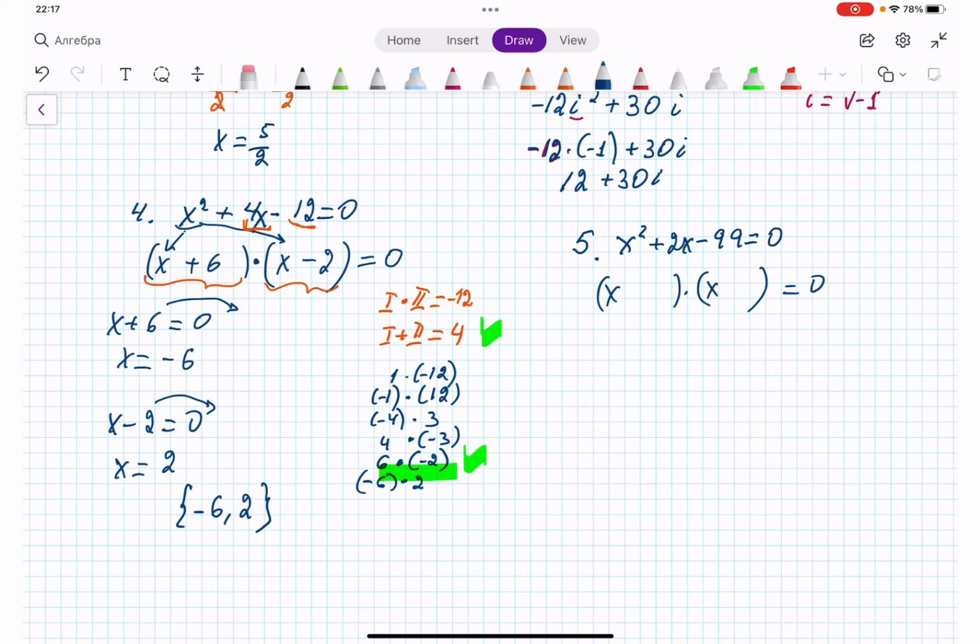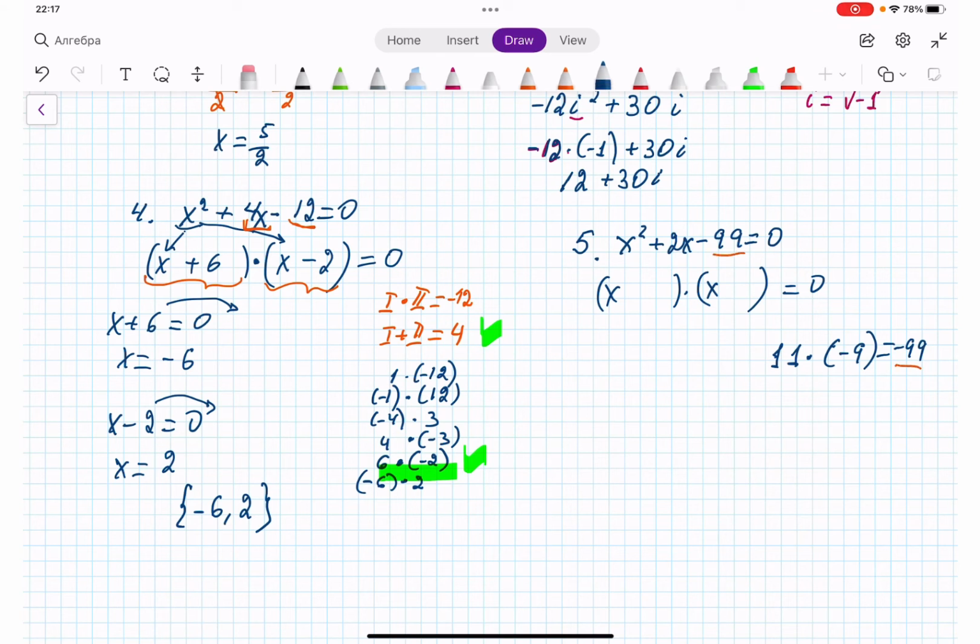Let's find the numbers: two numbers whose multiplication will give me negative 99, and whose addition is going to be equal to positive 2. These numbers are positive 11 and negative 9. Look, 11 times negative 9 is going to be negative 99, right? Like this constant term, multiplication.